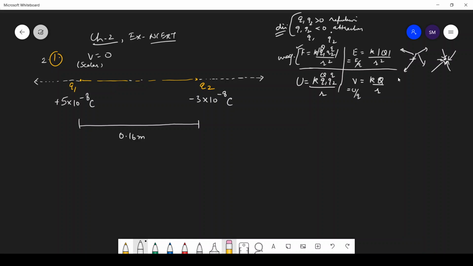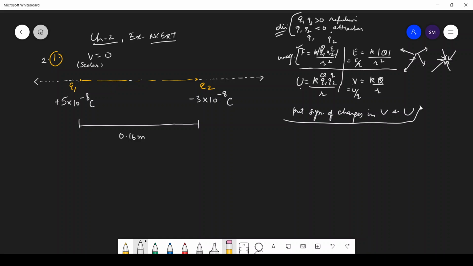So what I want to say is that for U and V, I have not put the modulus sign here. These two are vectors, electric field and force, but potential energy and potential are scalar quantities. You need to put the sign of the charges here. So put the sign of charges in the formulas of V and U.